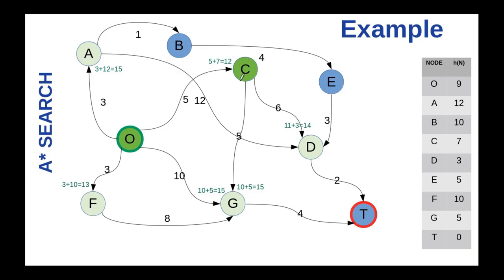So now that we have C as a visited node, we consider the neighbors of C. So here we have 10 plus 5, which is 15, because the heuristics of G is 5. And then here we have 14 because it's the addition of 5 plus 6, plus the heuristics of D, which is 3. So pay attention.